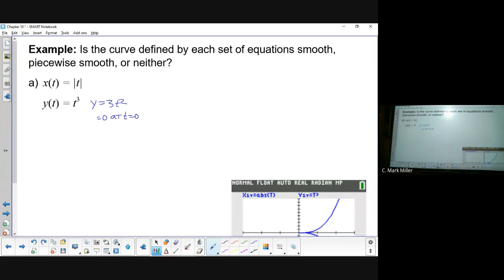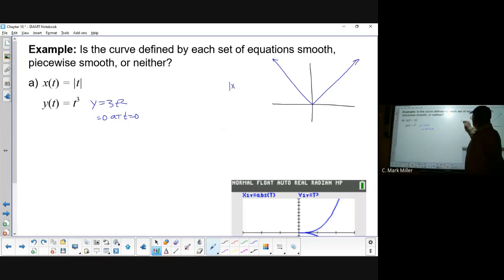Well, it turns out that the absolute value is something we did talk about. The absolute value of x is just x if x is greater than or equal to 0, and it's negative x if x is less than 0.